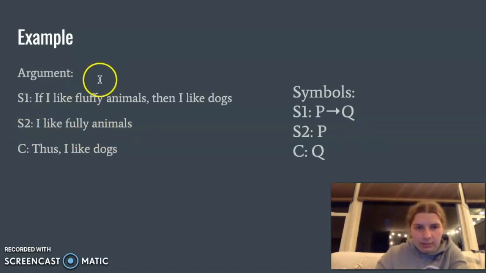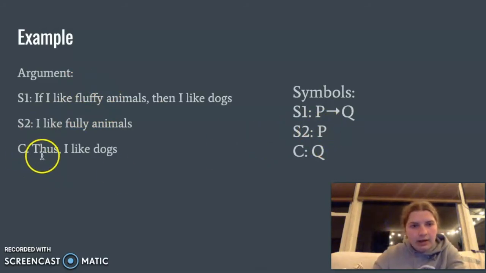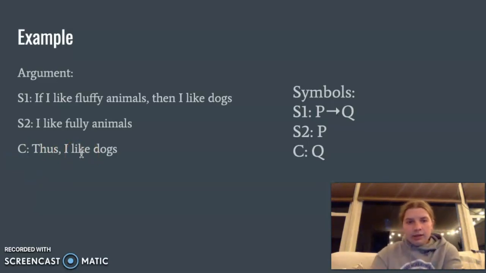Once again, we see P, so we can put it here. And thus I like dogs is the conclusion, so that is Q. So in symbol form, it's P conditional Q for S1. For S2, we have P. And for the conclusion, we have Q.